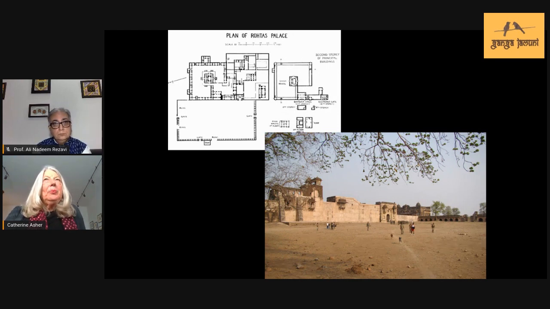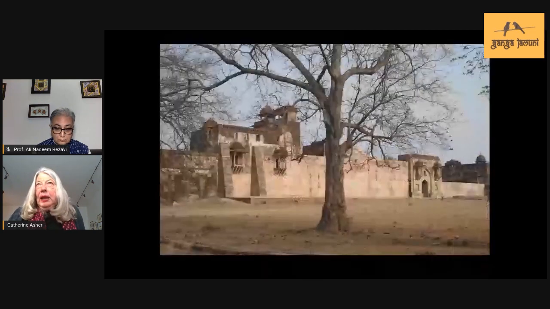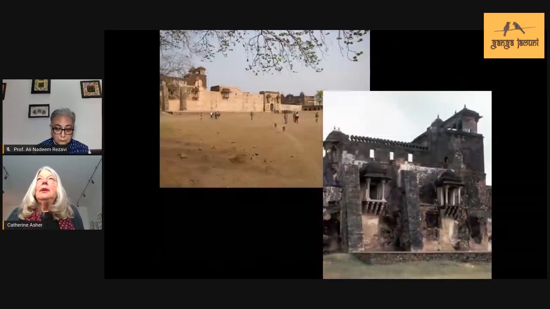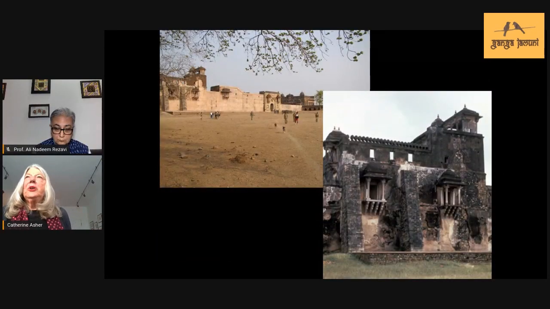But we do know from sources that somehow the Kachwahas, that is the rulers of Amber, were allowed the use of the Jaroka, which is something interesting. And you can just see this a little closer here, and here are some very old pictures showing you before they whitewashed it.